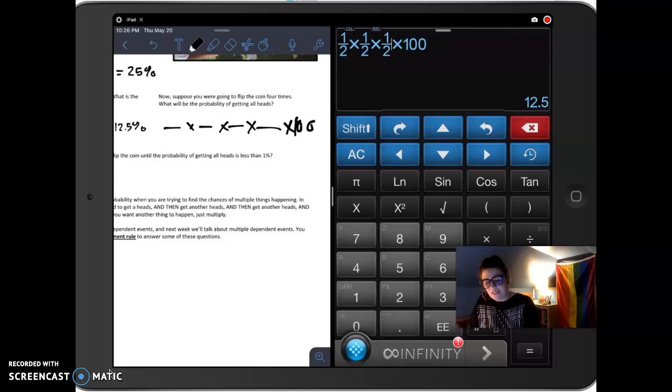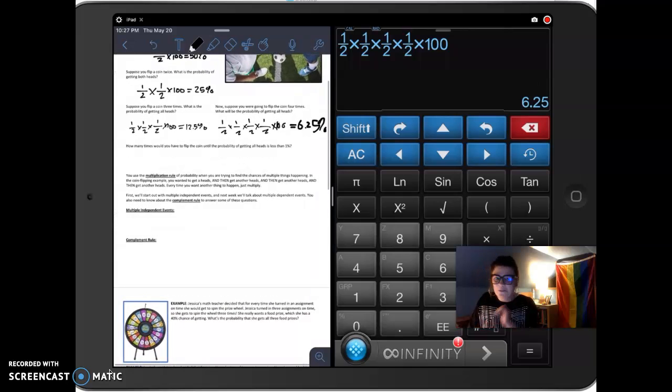We're going to, again, put in another fraction, 1/2, another multiplication, and we get 6.25. Oh, I forgot to put in the actual probabilities. Okay, there we go. And so our answer here is equal to 6.25%. Oof, that handwriting though, not so good.